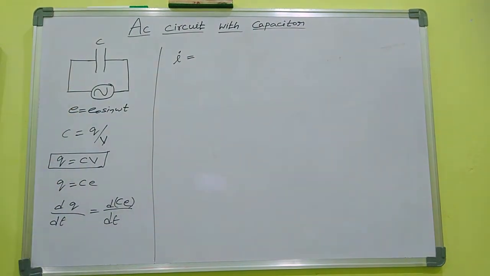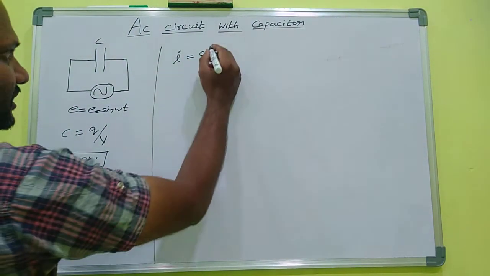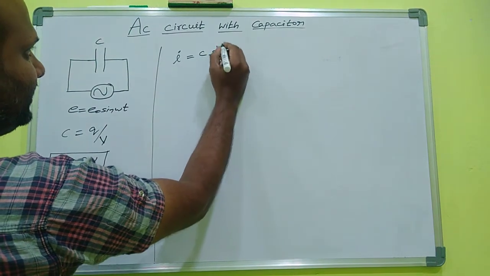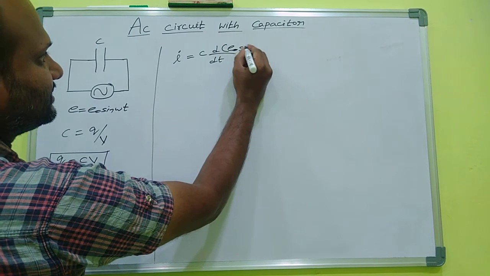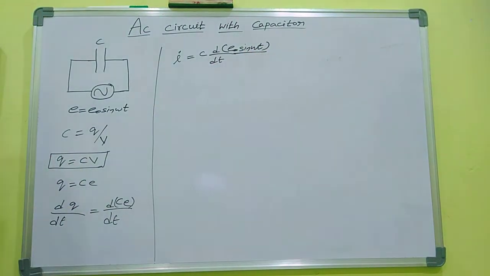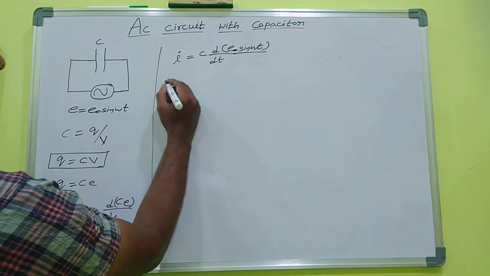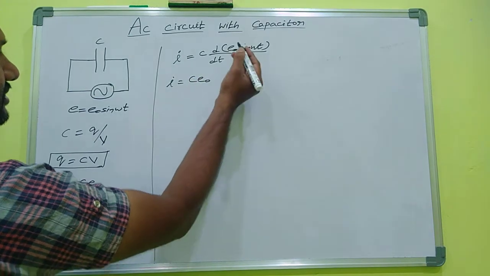That is the instantaneous value of alternating current. I is equal to C, the capacitance, which is taken out, then d by dt of E. What is the value of E? E is E naught sine omega t. Here E naught is the maximum value of the EMF. So I is equal to C E naught, which is constant and taken out.